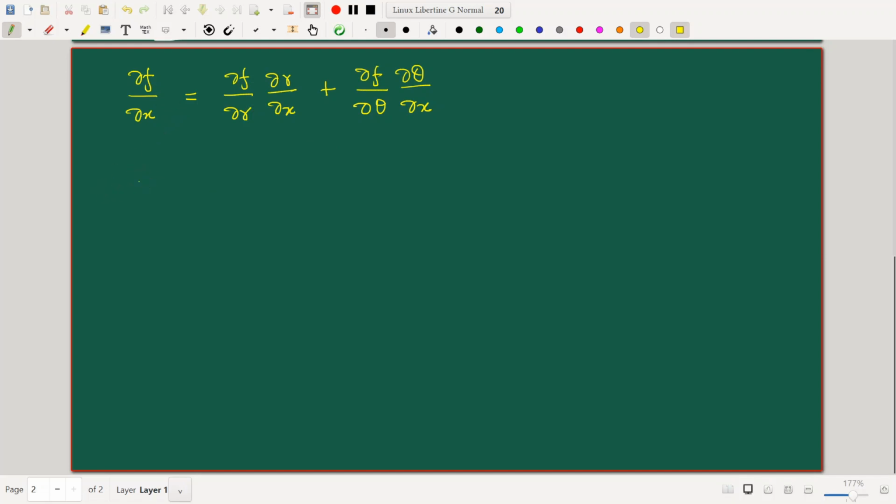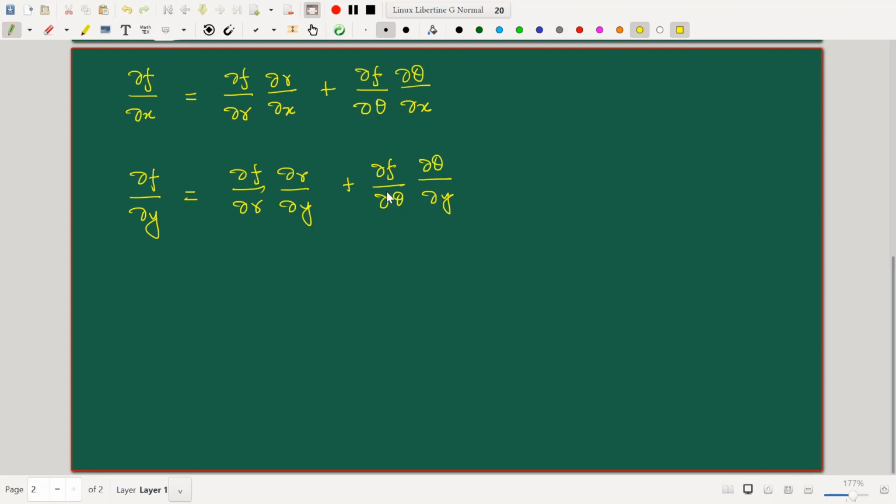In a similar fashion, for del f del y, we have del f del r del r del y plus del f del theta del theta del y. So you see, in the previous page we had already obtained the expressions for del r del x, del r del y, del theta del x, and del theta del y. We can directly use those expressions here, and given a particular form for this function f of r and theta, we can easily find out these things.